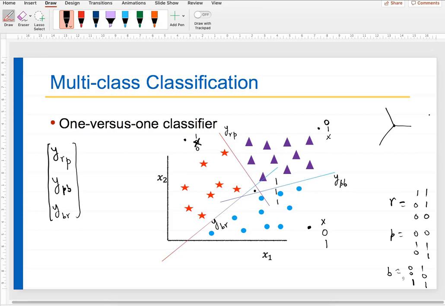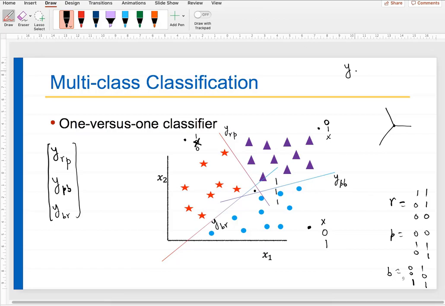Okay, so we can get a hint from here. With red, this is always 1. With purple, the second is always 1. With blue, the third one is always 1. The problem appears only when all of them become 1. Right? So can we design a classifier like this?